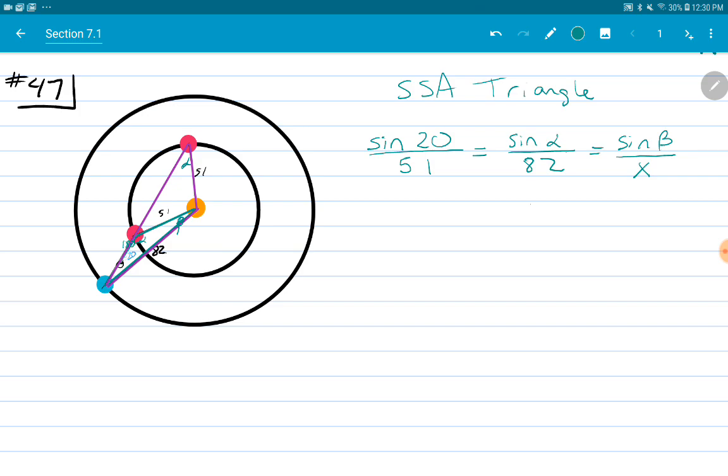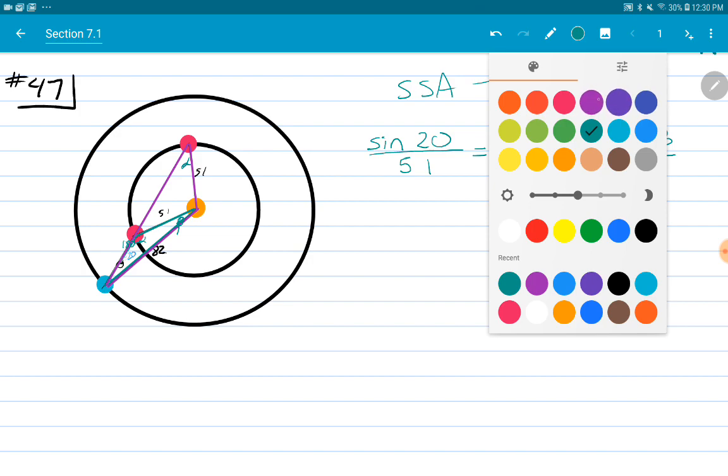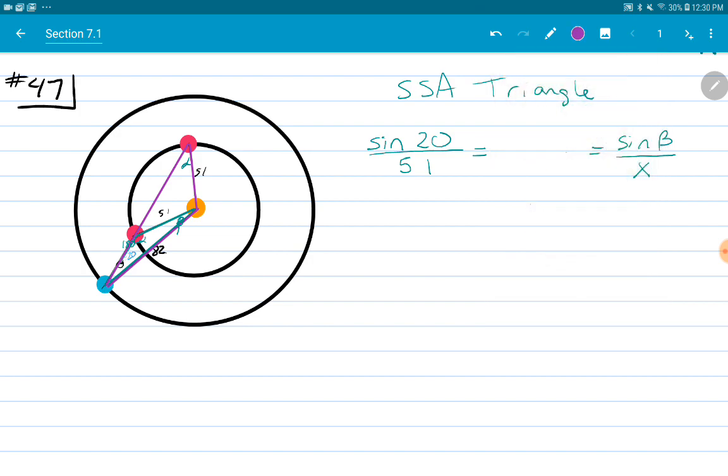Really, we're solving for the purple triangle first, so I'm going to write this in purple. Sine of alpha over 82 gives us the purple triangle. Let's solve for alpha. We can cross multiply, and we get 82 times sine of 20 equals 51 times the sine of alpha.